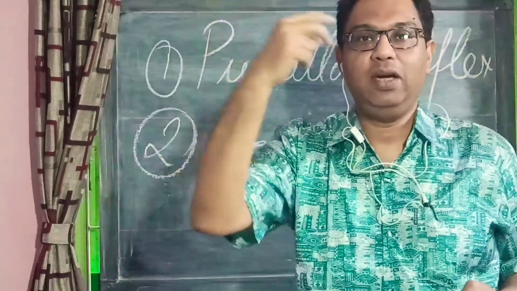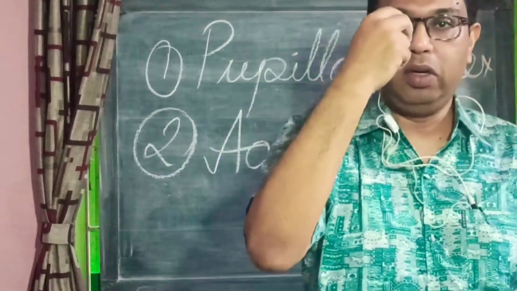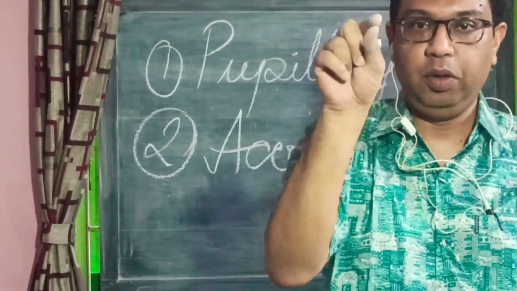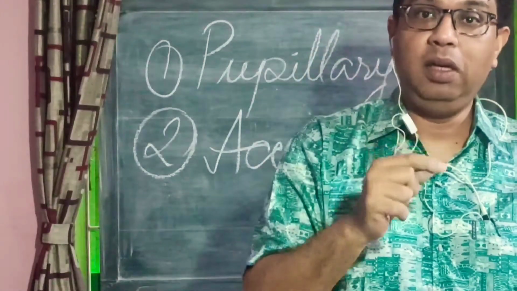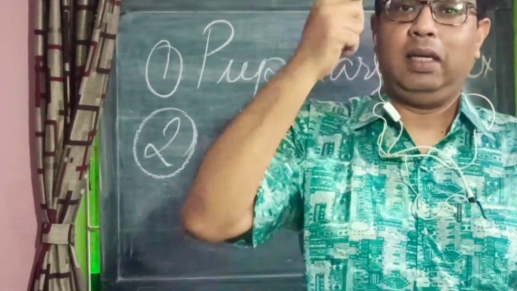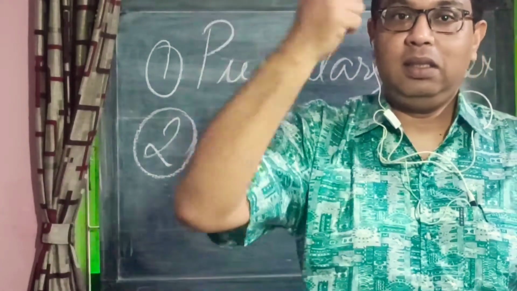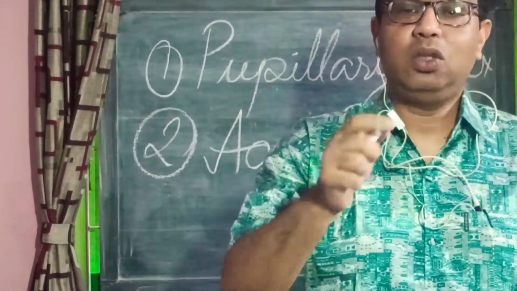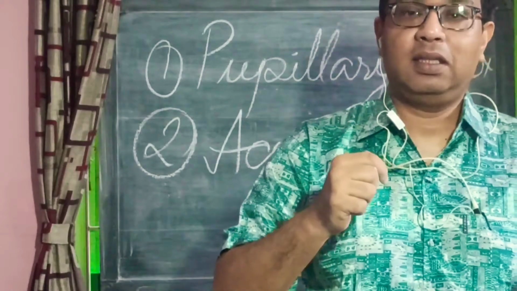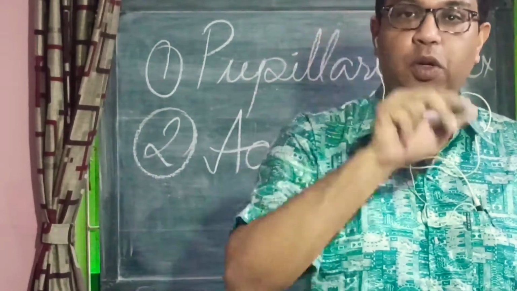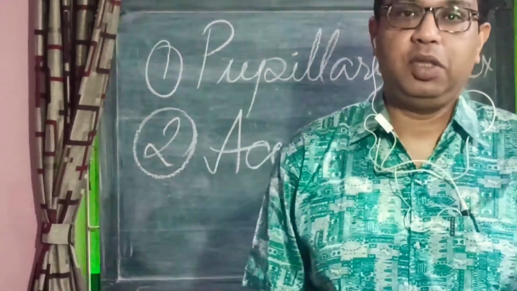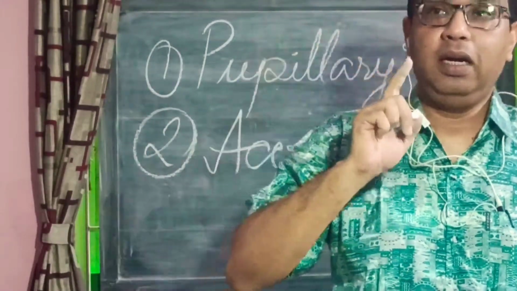So if you shine light on a pupil, the pupil becomes smaller and the iris becomes larger. In the eye that is shown light, this is called the direct pupillary reflex. The response of the eye by contracting its pupil on the perception of light is the pupillary reflex.